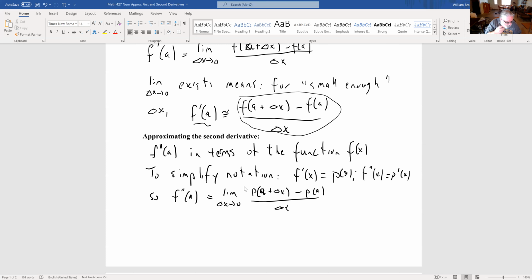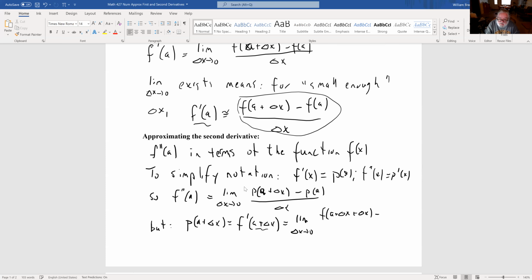Okay, but p of a plus delta x equals f prime at the point a plus delta x, and that's the limit as delta x goes to 0 of f of a plus delta x, that's the point that we're at, plus another delta x minus f of a plus delta x, over delta x.